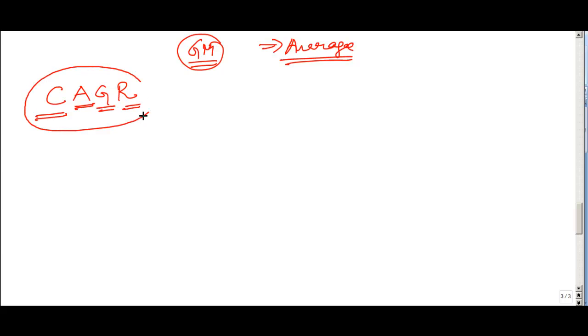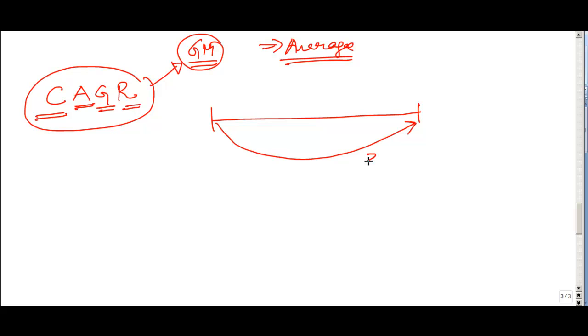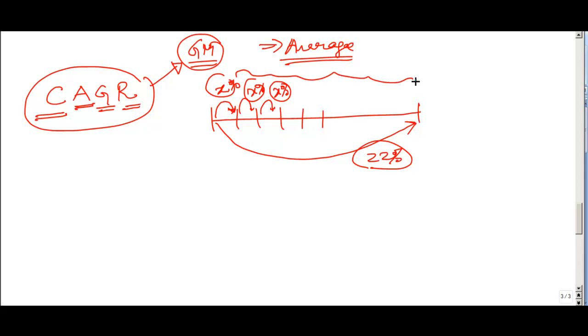Compounded average growth rate and GM are one and the same thing. We have generated approximately 22% return over a period of 8 months. I want to find what X% return you will generate every month, such that this cumulative X% would be equal to this 22%.